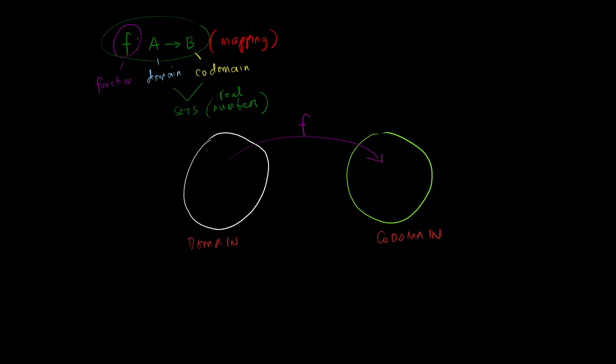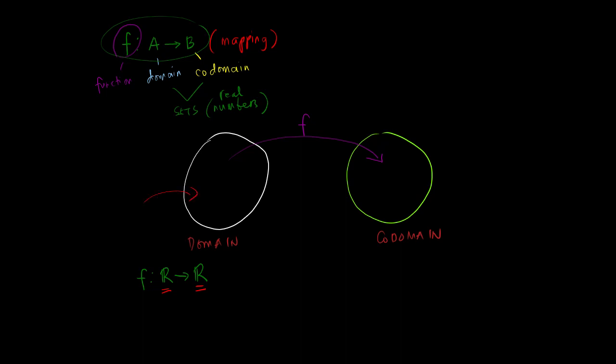But what's in the domain? And what's in the codomain? Well, I have to be more specific in my function. Let's say I have a function f from the set of real numbers to the set of real numbers. So this is my domain, this is my codomain. Both of them are representing the set of real numbers.